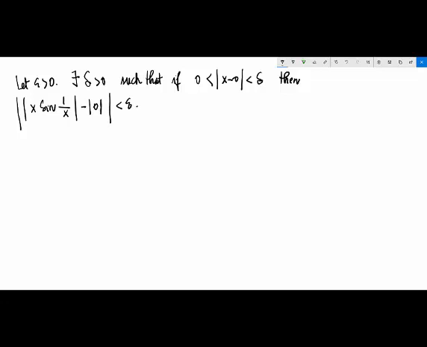In other words, there is a delta which is positive.